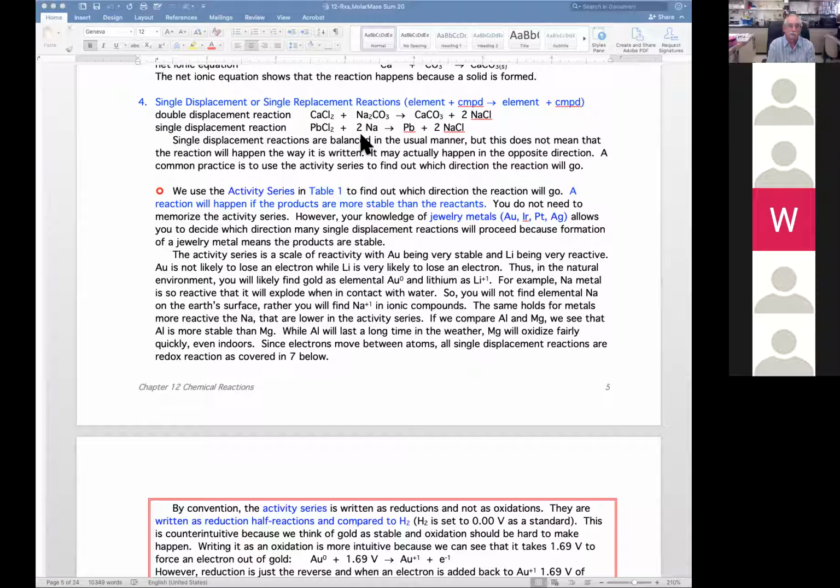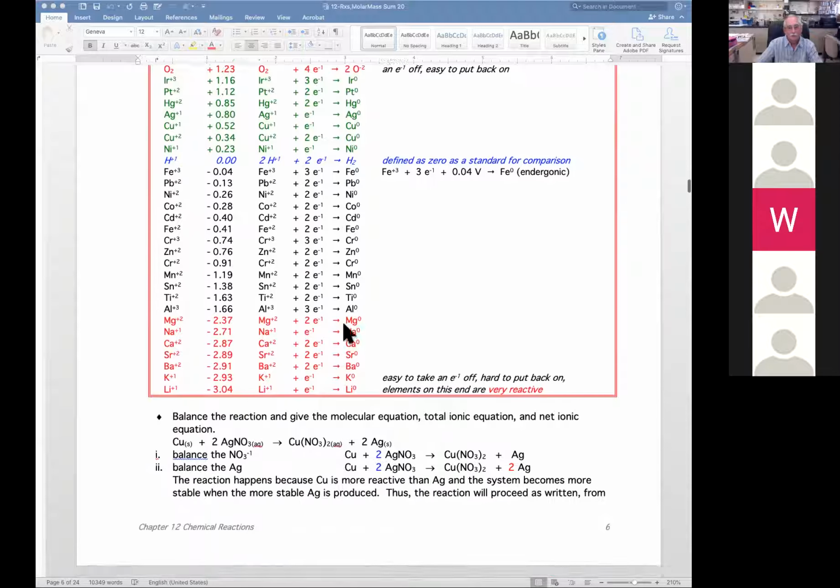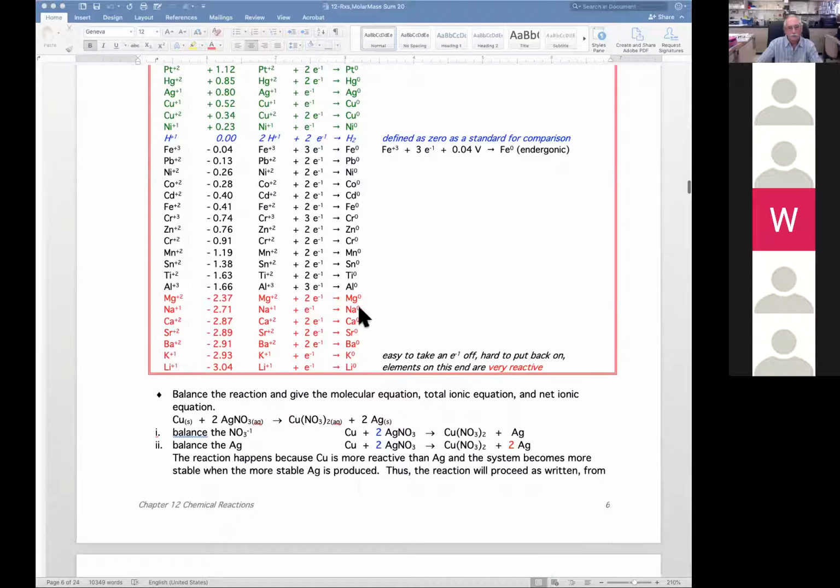It may tarnish a little bit, get that powdery gray lead oxide on it, but it's fairly stable. But you can't go to the store and buy sodium. Sodium metal does not exist. It's too reactive. So here you see sodium way down here in the red, very reactive stuff. When you find sodium on planet Earth, it's always the sodium ion.